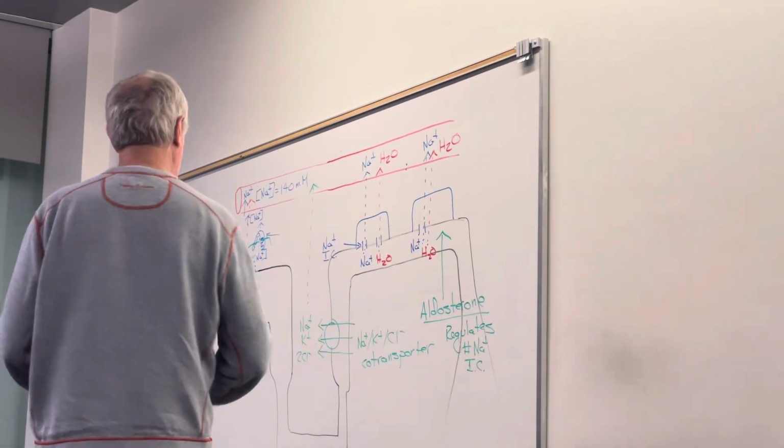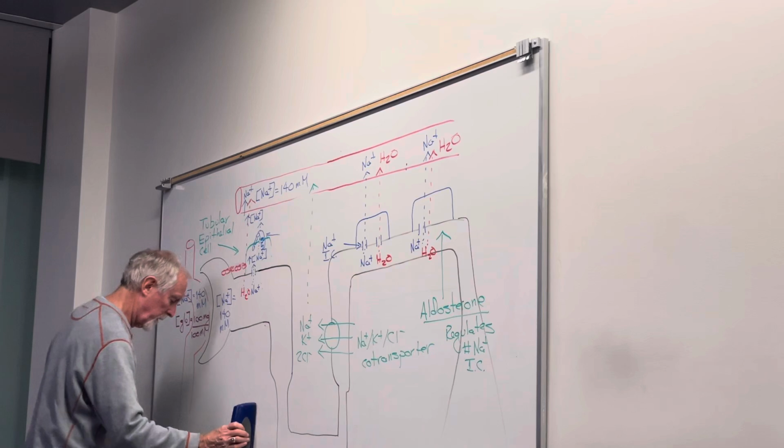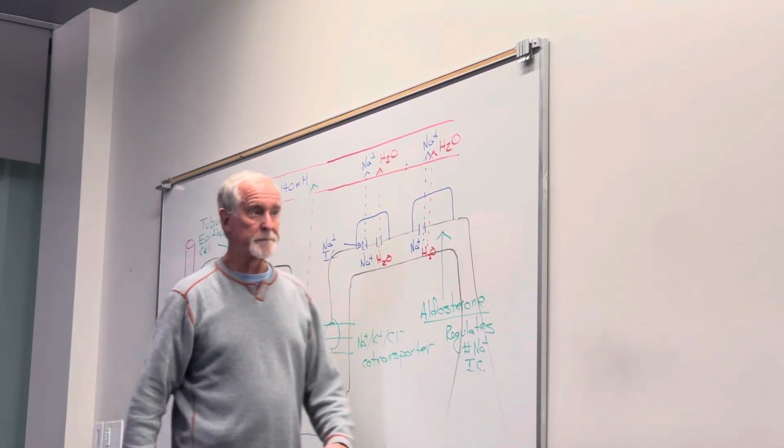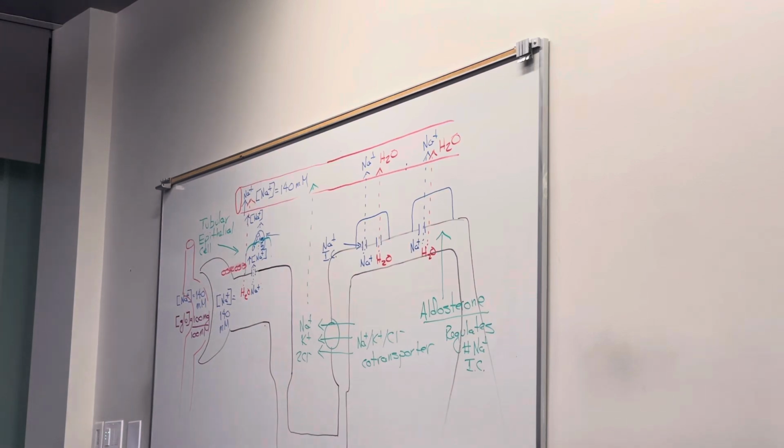So this system here can be modulated or manipulated through the presence of aldosterone. Okay, now I'm hoping that everybody's got this scheme in your notes. If not, you'll need to get it from your classmates.